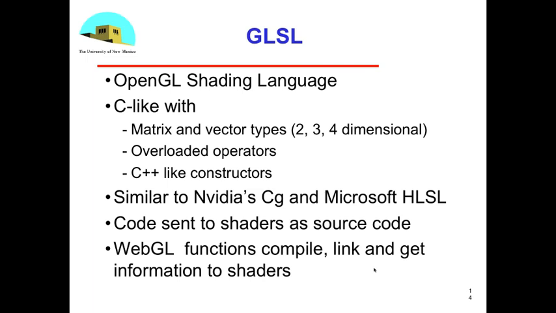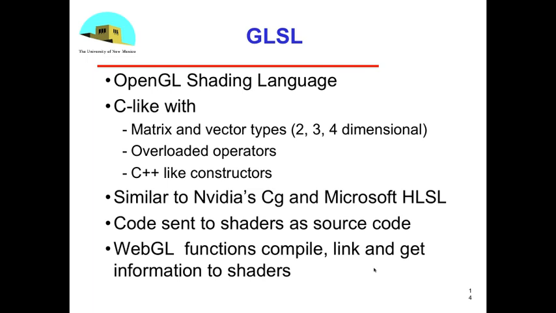Now, the code is sent to the shaders as source code. What you have to do in WebGL is the shader comes in as ASCII, basically just text.